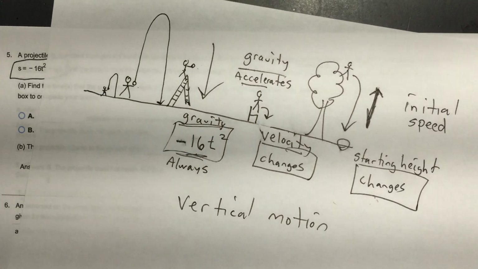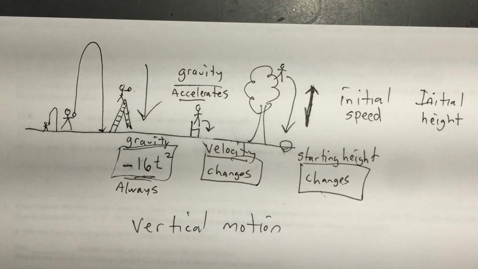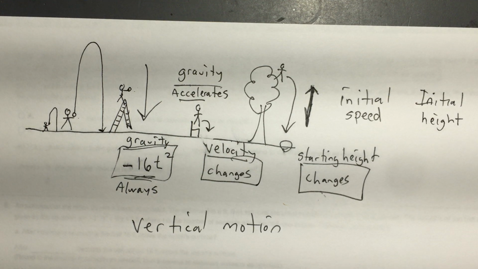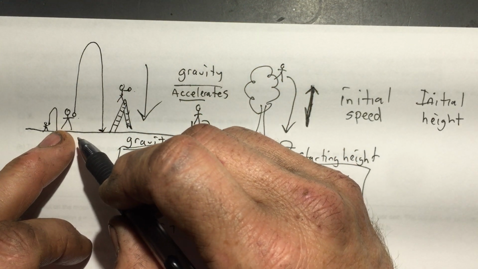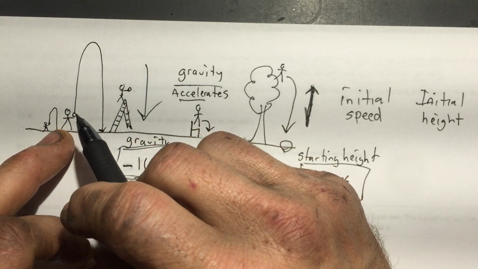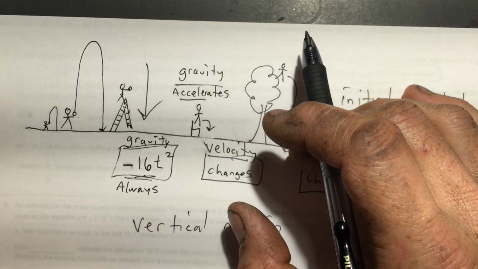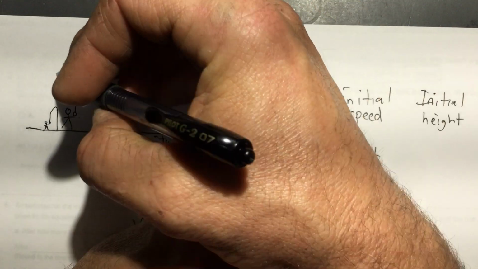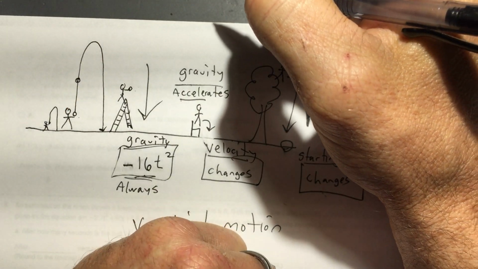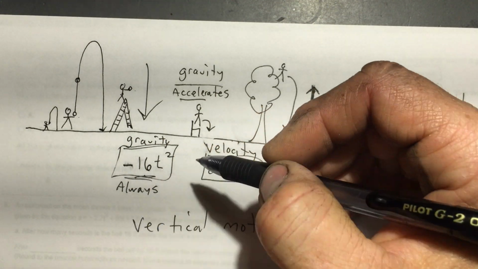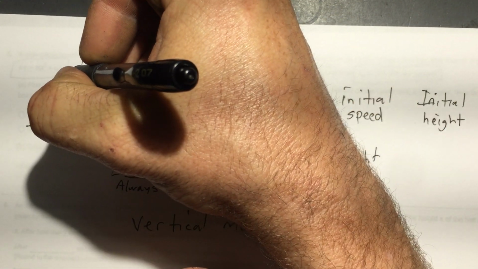Okay, now let me go back to this picture here to explain to you. Once this ball is thrown by this person, if I was able to just do a snapshot 1 second into this, the ball might be right there. If I was to put 1 in this equation, it would give me whatever height this is.